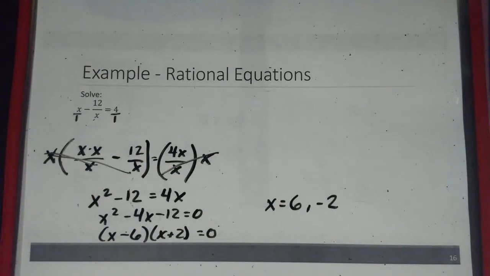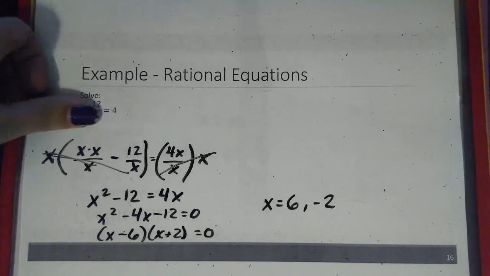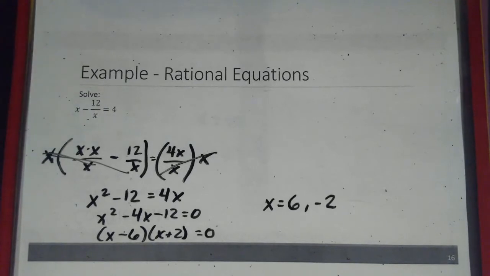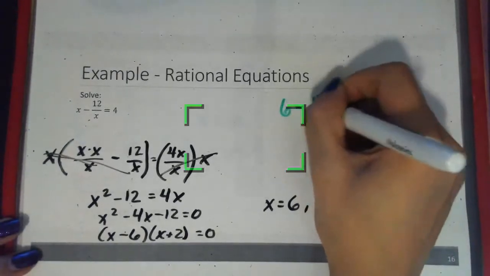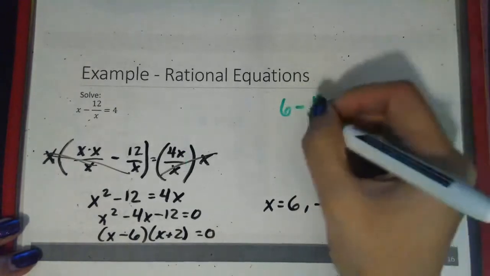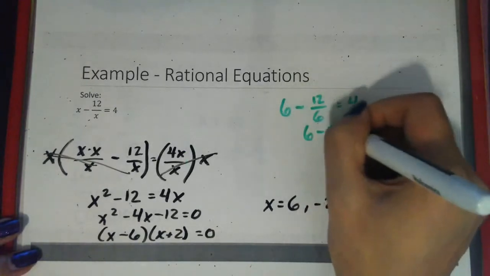The one thing you need to be really, really careful of with rational equations is that you have to be sure to plug your answers back in to make sure they work. So I need to plug these back into my original equation, x minus 12 over x equals 4. First up, we would have 6 minus 12 over 6 equals 4. That's 6 minus 2 equals 4.